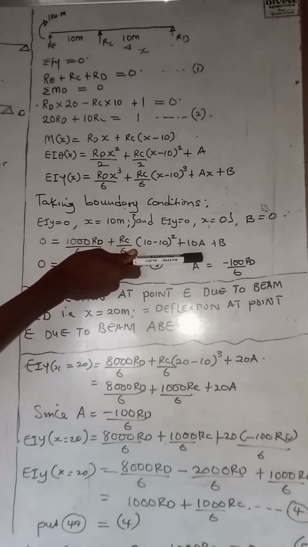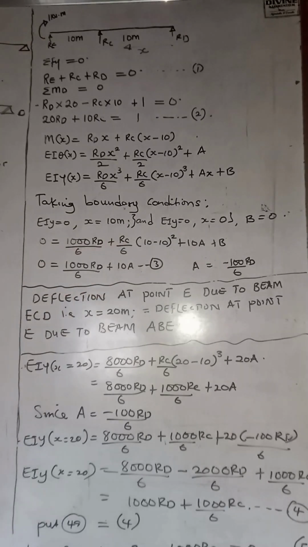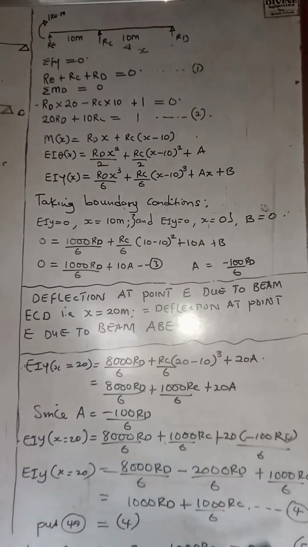So we're going to substitute the value for A into our expression. If we do that, we'll obtain the value for the deflection at E for this particular beam ECD. We'll have that value for deflection to be 1000 RA minus 1000 RC over 6 minus 1000 RD, all equal to 0.